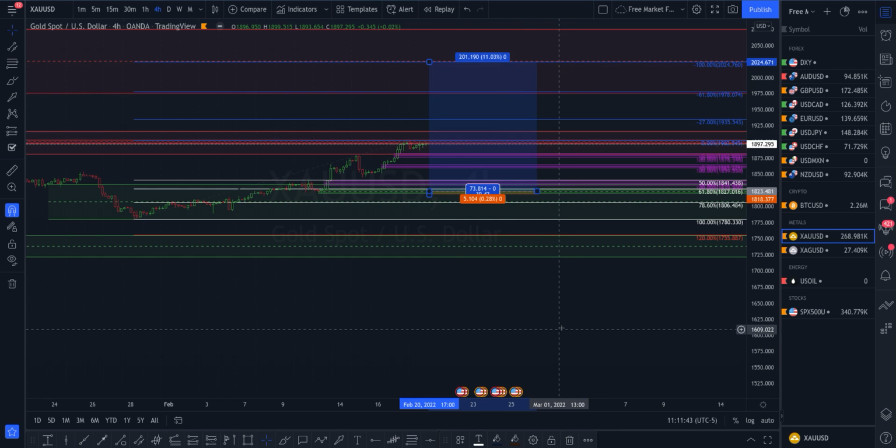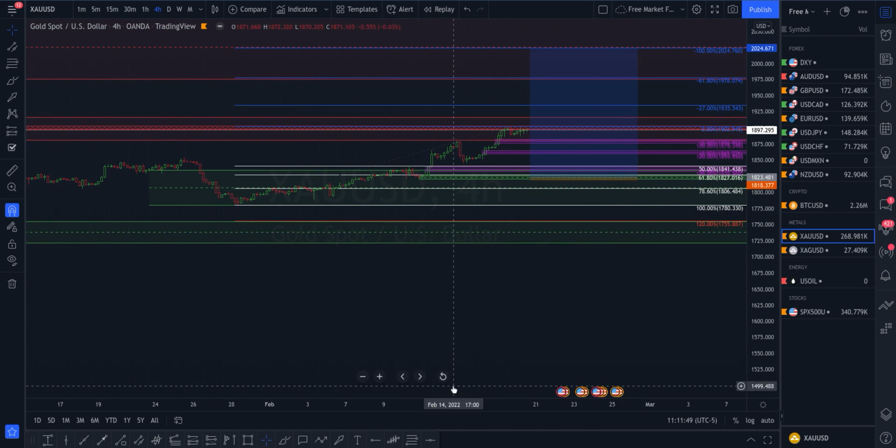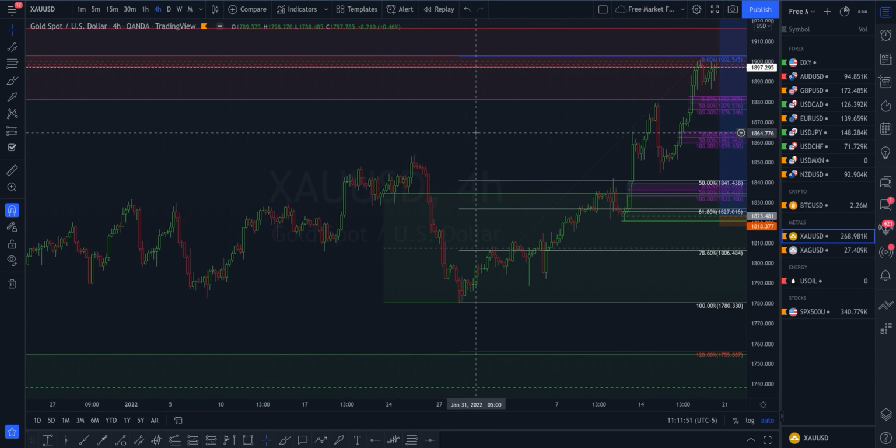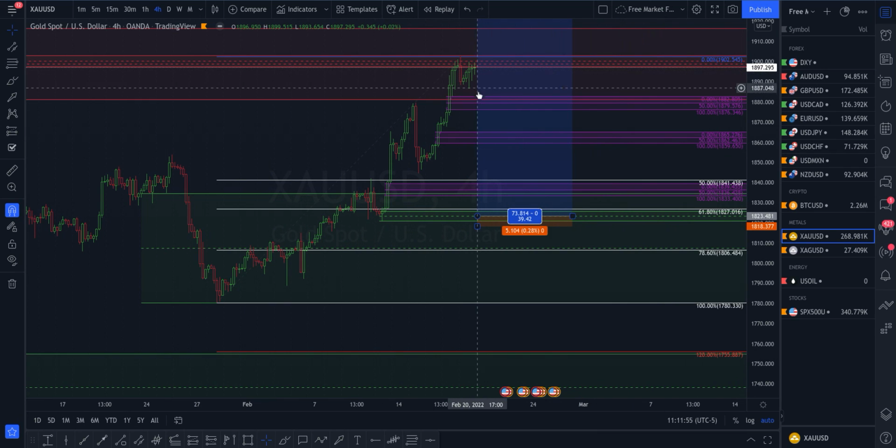Okay. So we will have to wait for this to be filled, all right, to look at some partial profit opportunities in between our entry and 0% extension.